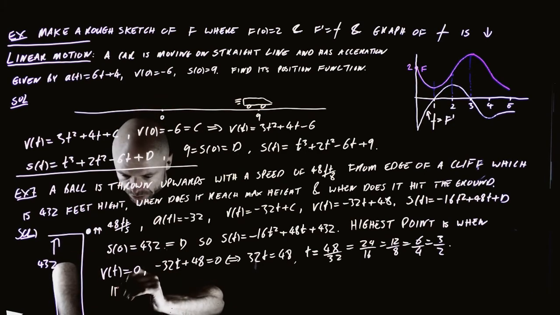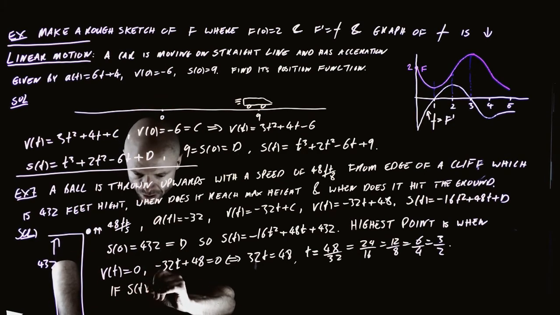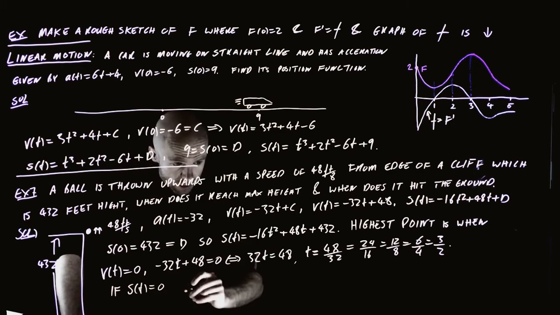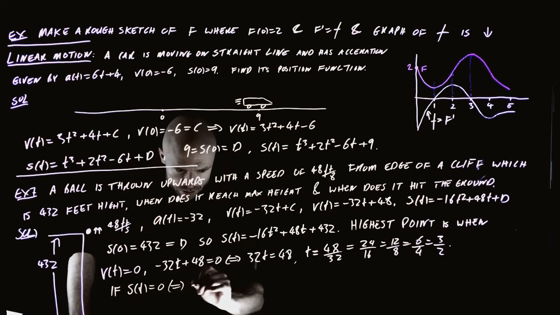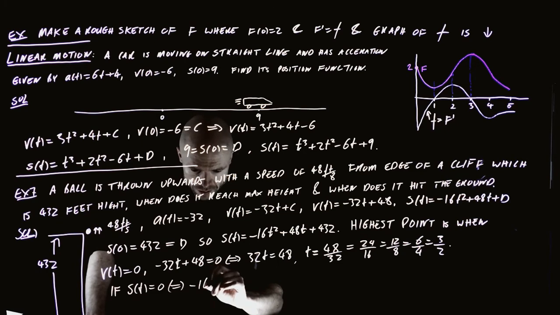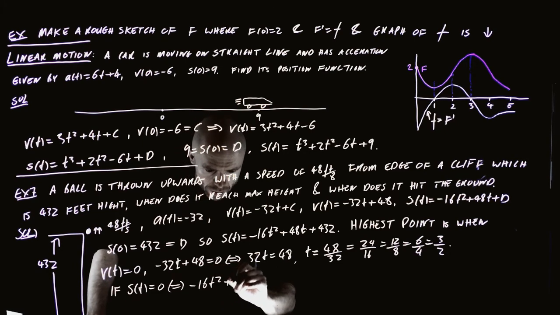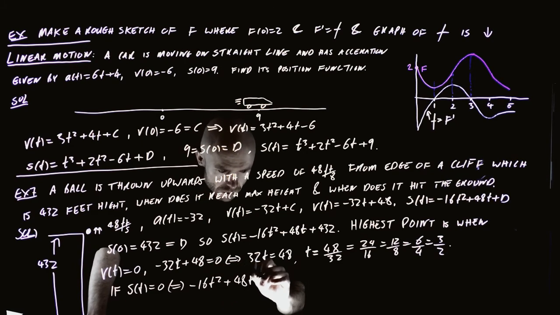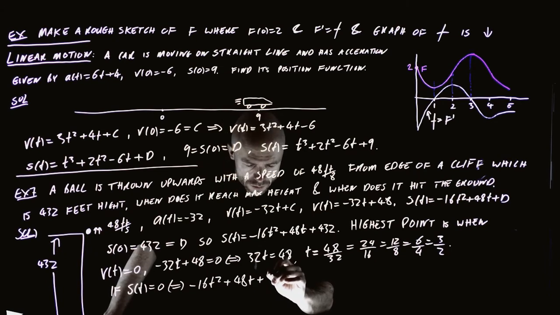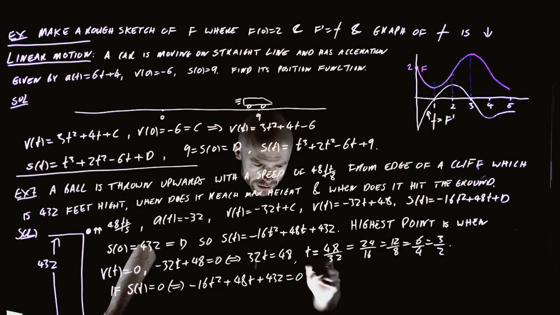So if s of t equals 0, that's just this quadratic. That's the same as minus 16t squared plus 48t plus 432 is equal to 0. Let's divide everything by minus 16.